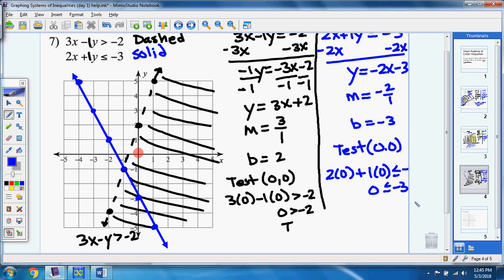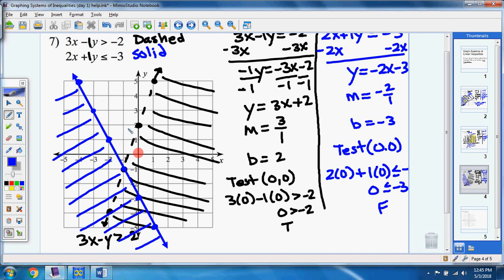True or false? That is false. So for the blue line, I'm going to shade the side without the highlighter, without the origin, which is this way. Again, if I want to label it here, 2x plus y less than or equal to negative 3.